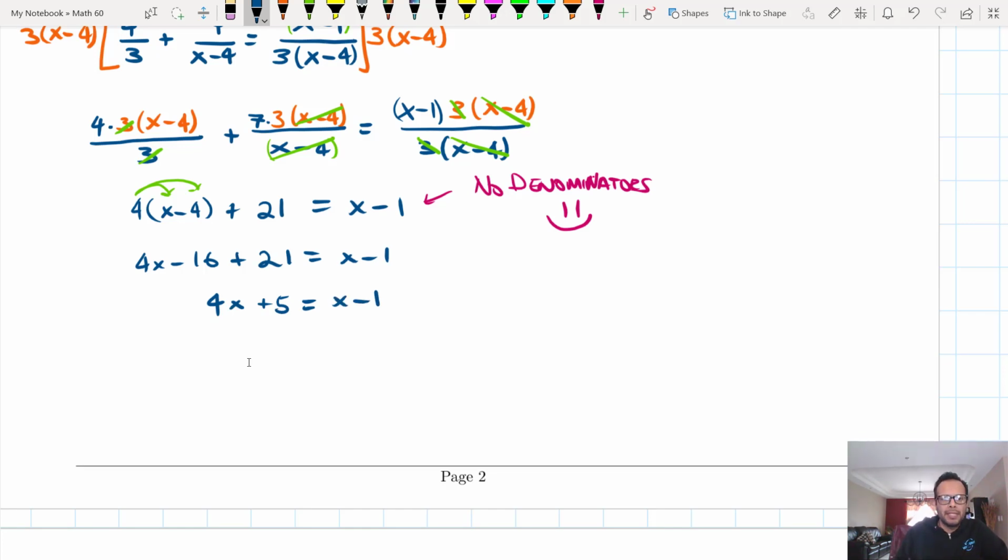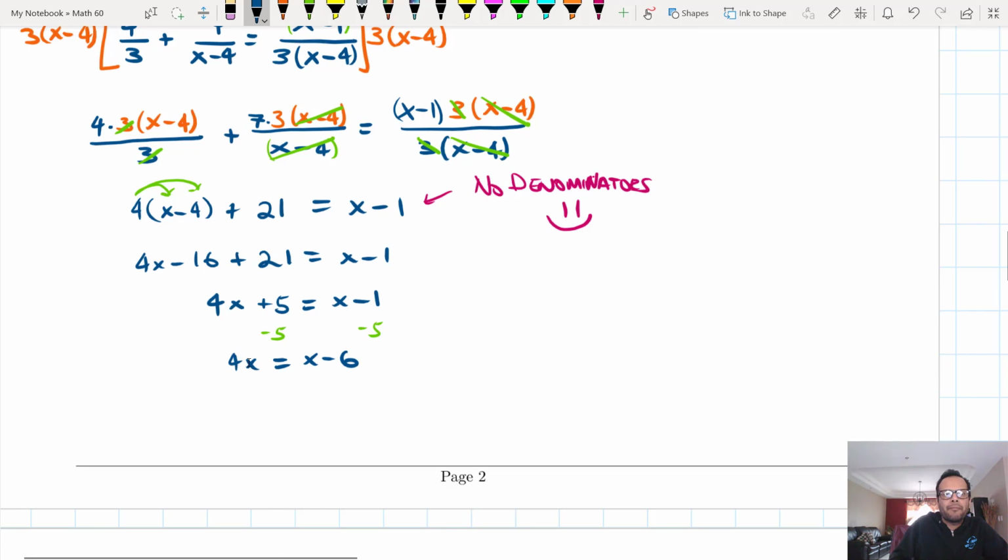Okay. Now let's have all numbers on the right hand side and all the variable terms on the left hand side. We accomplish that by subtracting 5 from both sides, giving us 4x equals negative 1 minus 5, that's x minus 6.